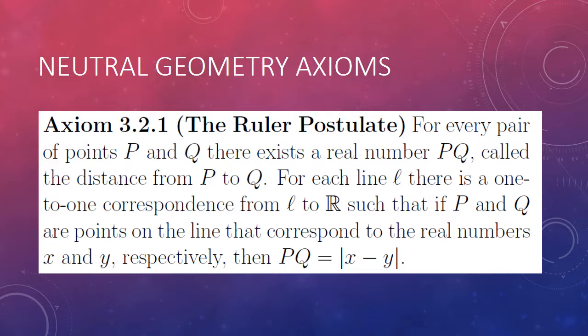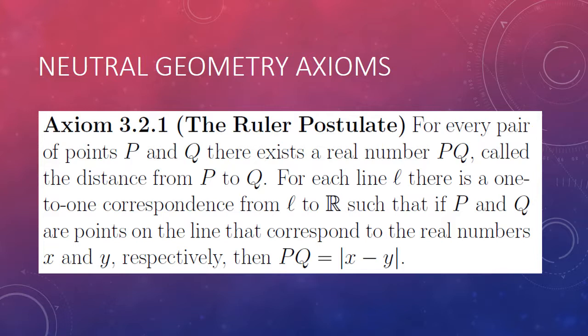So essentially, it says that not only is there a one-to-one correspondence between the points in L and the real numbers, but that this correspondence preserves the notion of distance, so that our distance on the line actually matches up with exactly how far apart x and y are in terms of numbers.